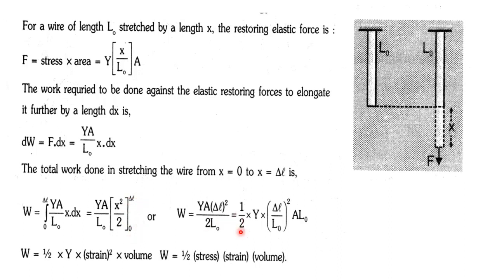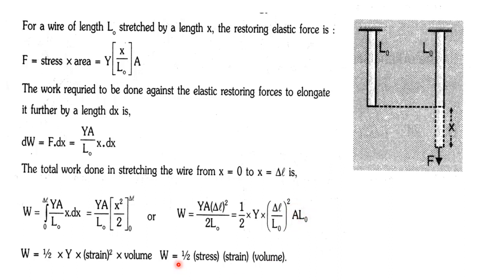We get half into Y, Young's modulus, into delta L by L0, which is actually strain, but here it is squared, so we write strain squared, into A L0, area into original length L0, that gives you the volume.